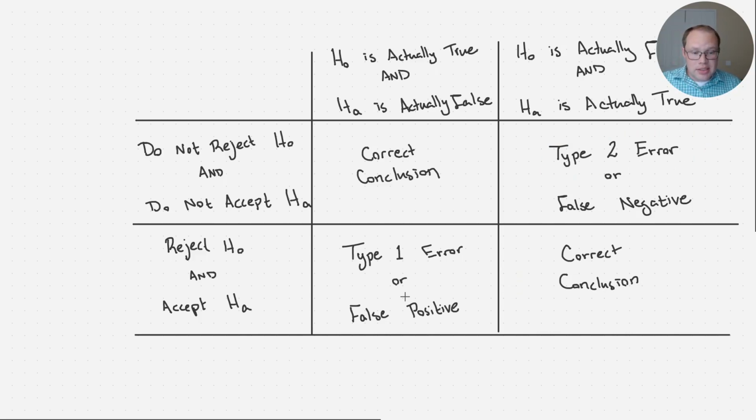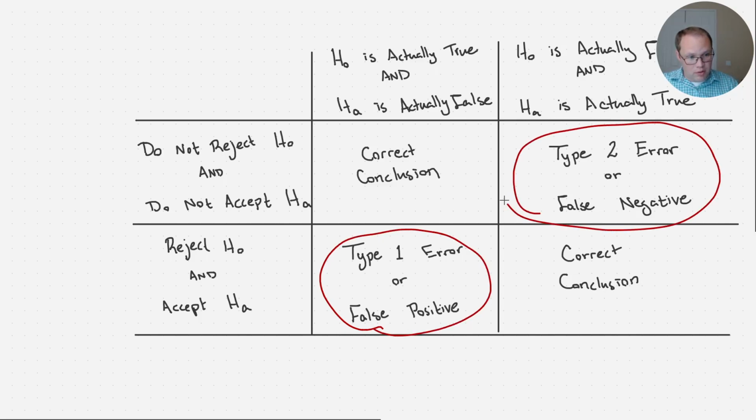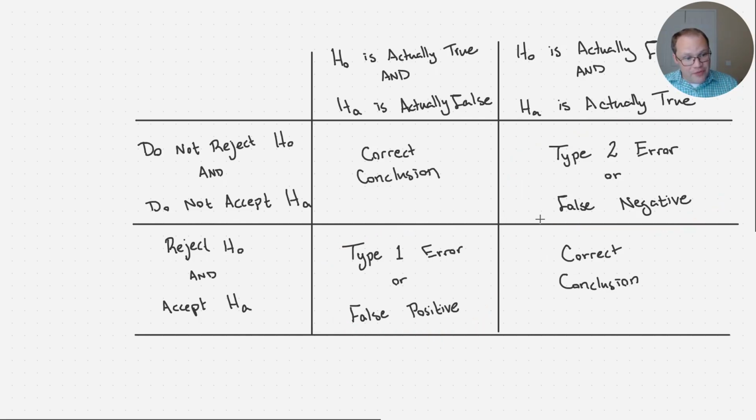Now, in practice, there's often one error we care about more, right? If you imagine going to the doctor and getting a test, and that test says whether or not you have this life-threatening illness and should take antibiotics, a false negative, that is, that you don't detect the illness, is much worse than a false positive, where you do detect an illness, but it's not actually there.